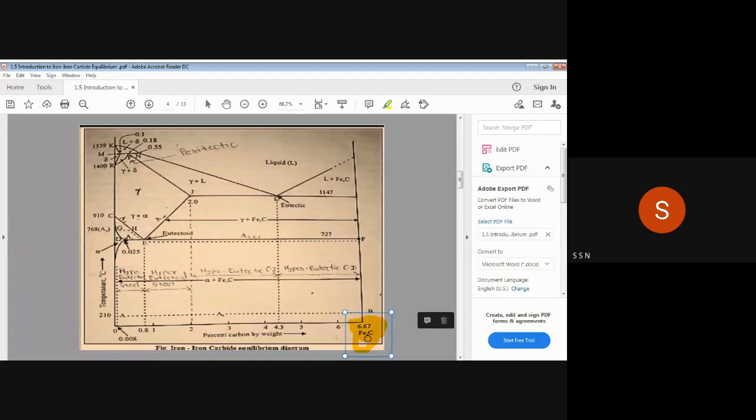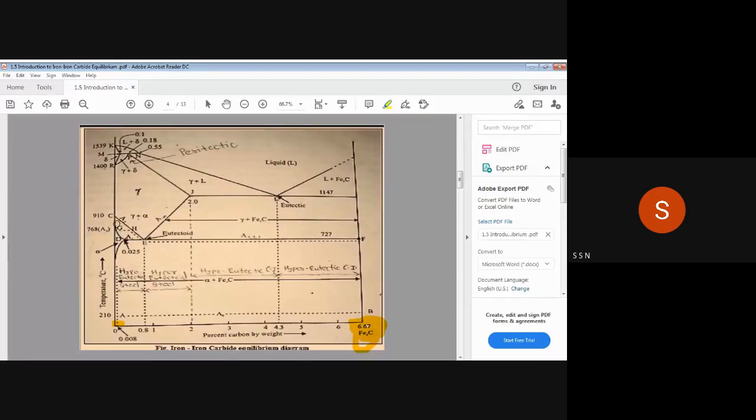That's why we call this diagram the iron carbide diagram, because on the extreme left-hand side it is pure iron and on the extreme right-hand side it is iron carbide. So it is an iron carbide phase diagram or iron carbide equilibrium diagram.